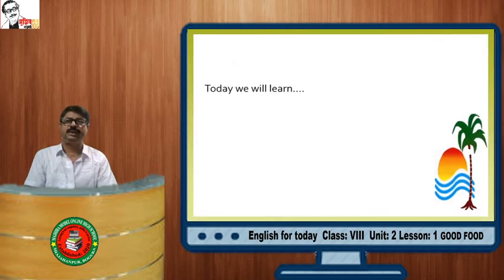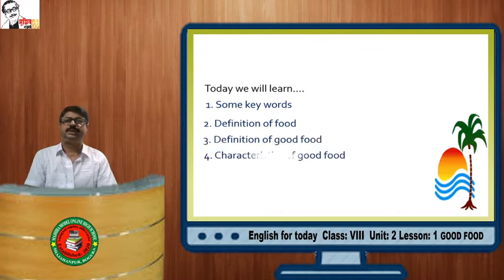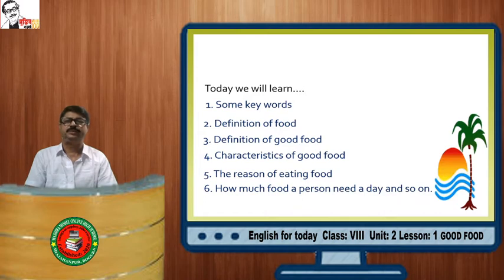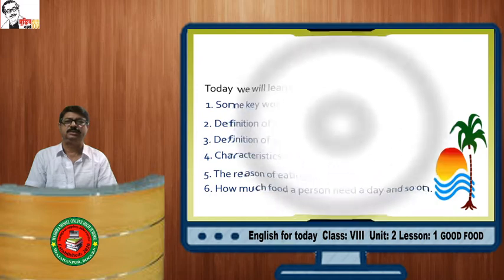Today we will learn some keywords, the definition of food, the definition of good food, characteristics of good food, the reason for eating food, and how much food a person needs a day, and so on.